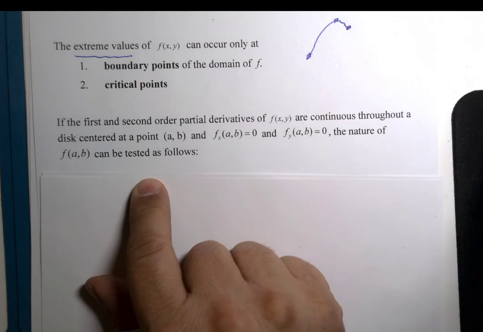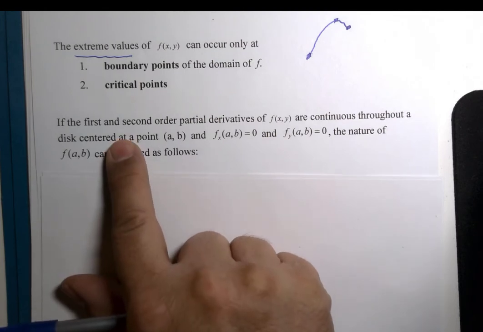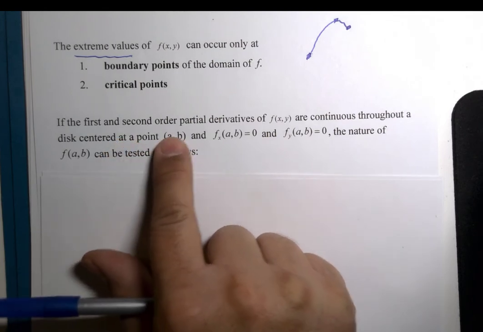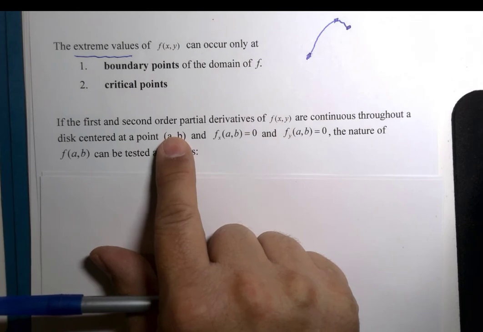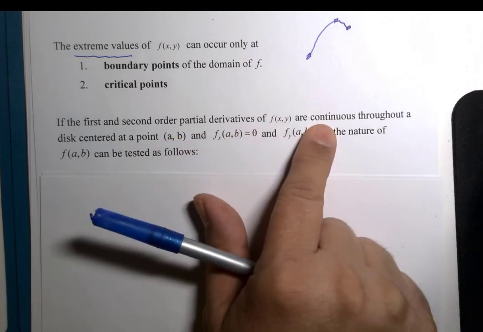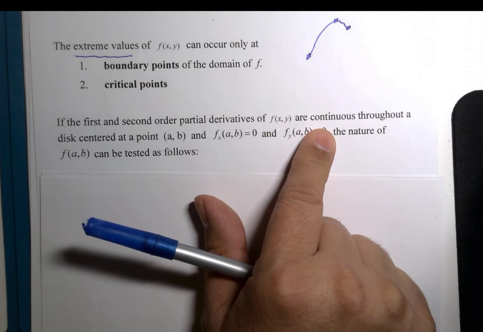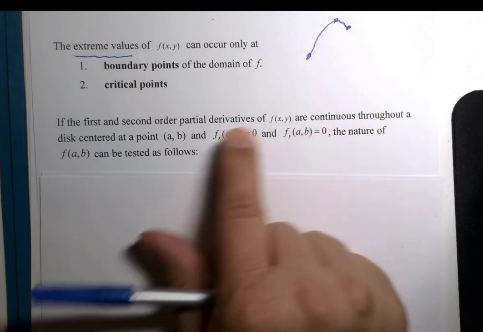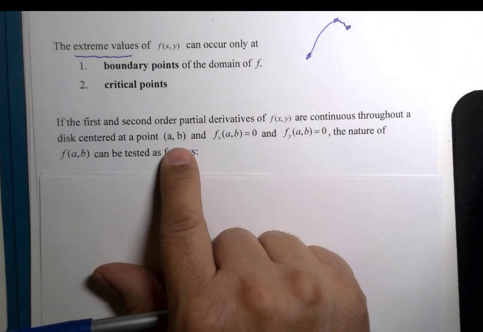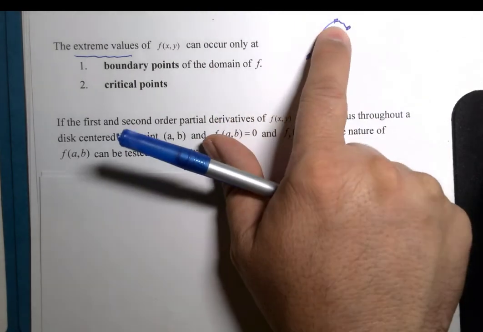So let's suppose that we have the ability to take first and second derivatives, and they're continuous, which means there's no gaps in those derivatives. And we're looking around a particular set of coordinates, so there's nothing weird going on near the point on the graph.